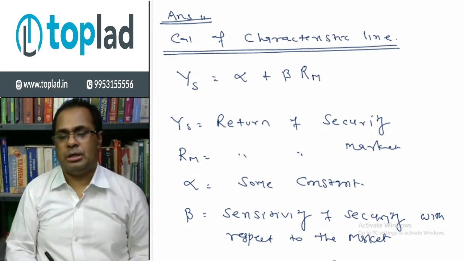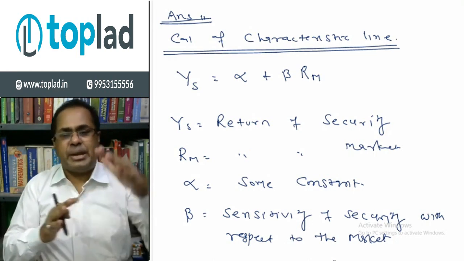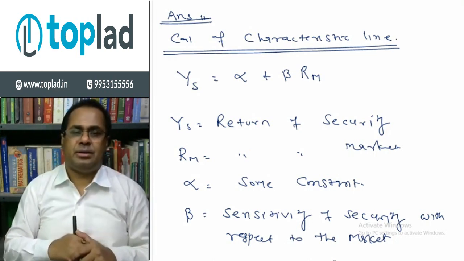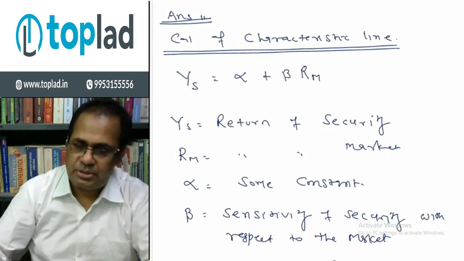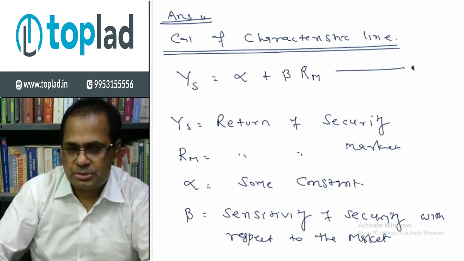Look at it. Since the characteristic line passes through the average, suppose this is equation first.